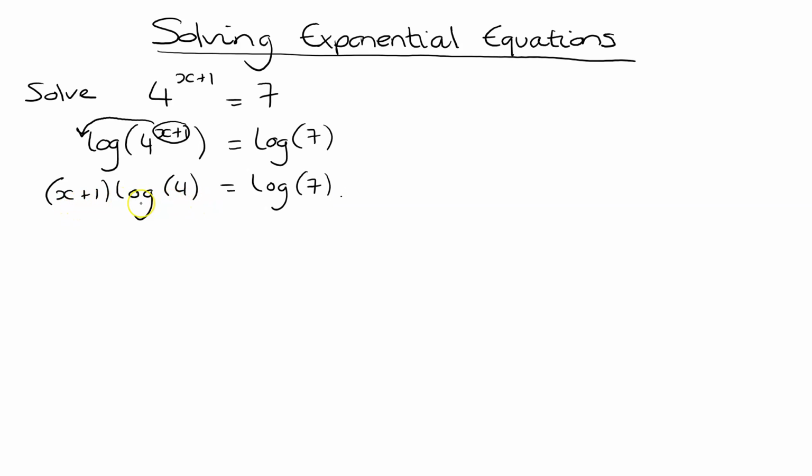Then divide by log 4. Remember now, log 4 is just a number. Whatever you do, do not turn them into decimals. If a question asks for 3 sig fig, I still wouldn't turn it into a decimal till the very end, because you'll end up with compounded rounding errors. And then take away 1.